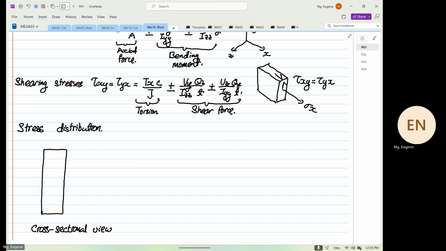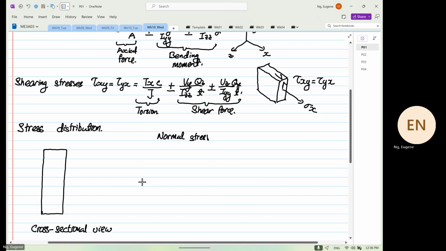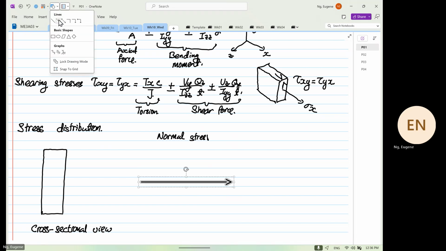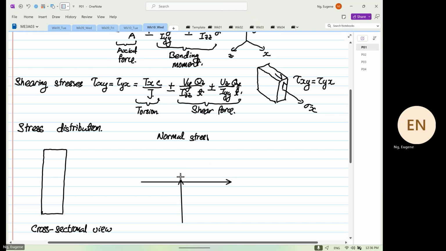If we were to look at a normal stress distribution, okay, this is just a sketch.